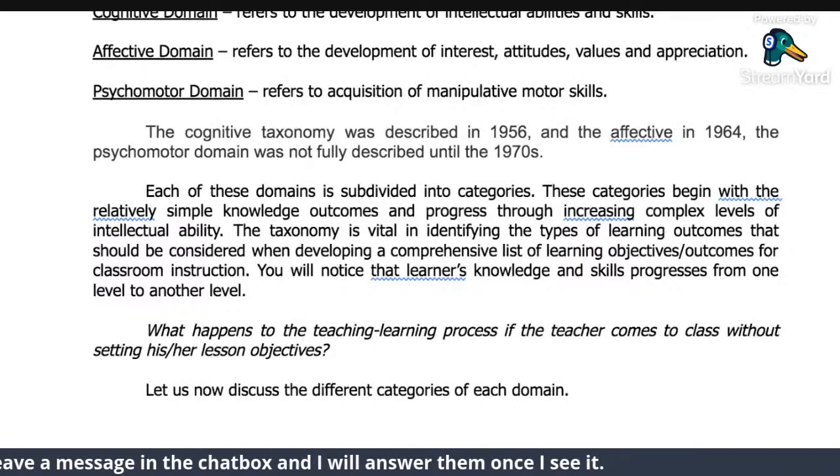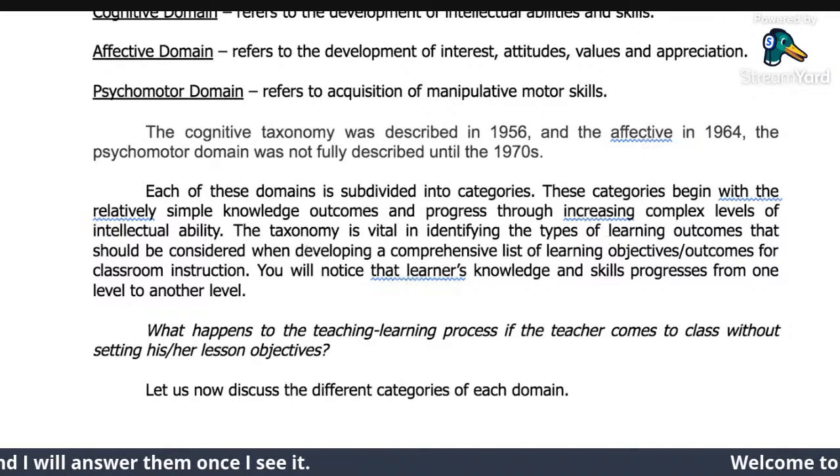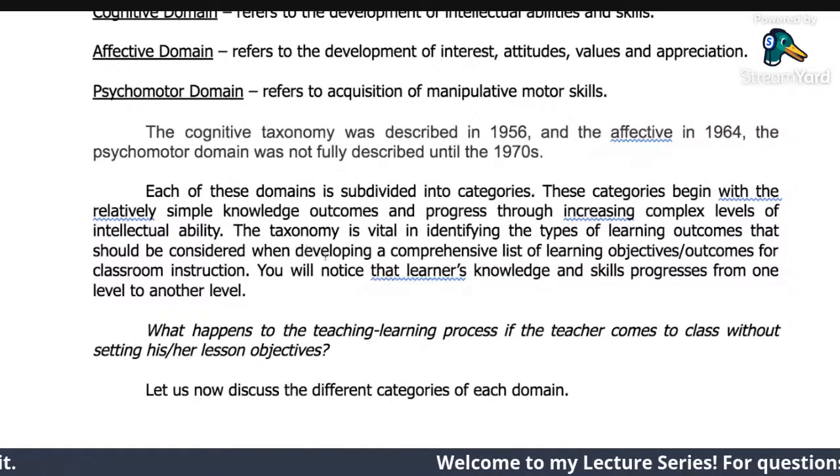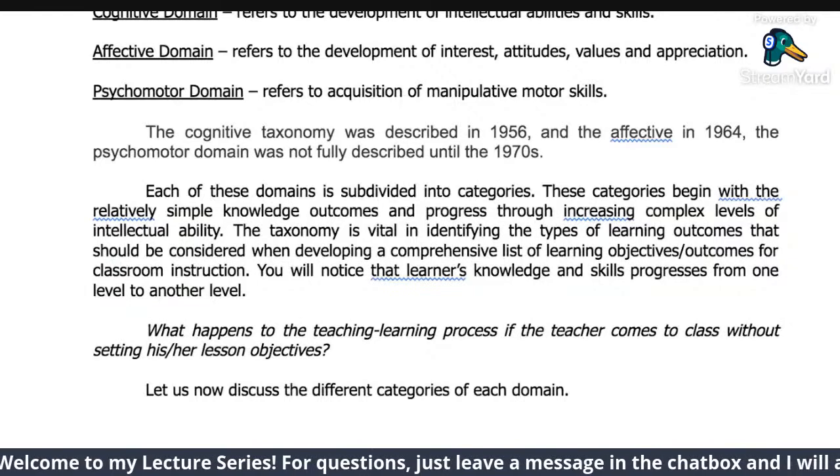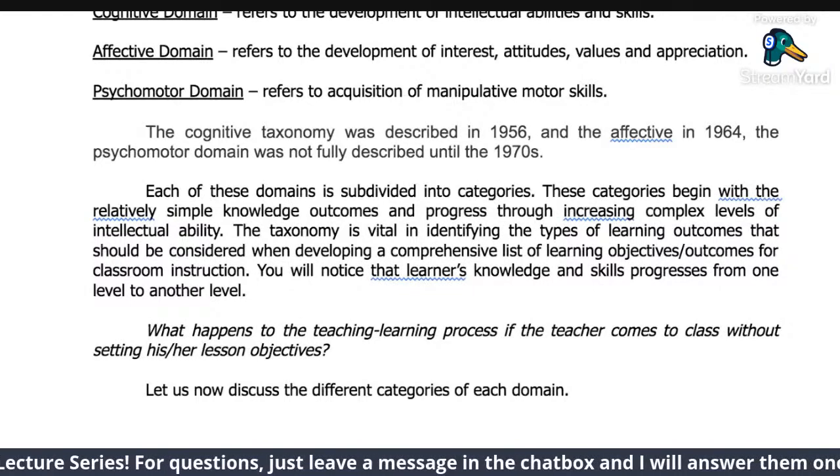So the taxonomy is vital in identifying the types of learning outcomes that should be considered when developing a comprehensive list of learning objectives for classroom instruction. So you will notice that learners' knowledge and skills progress from one level to the other level.